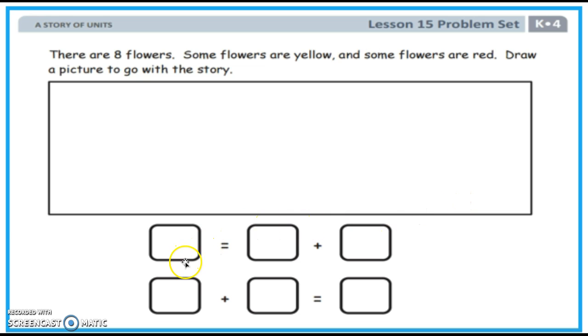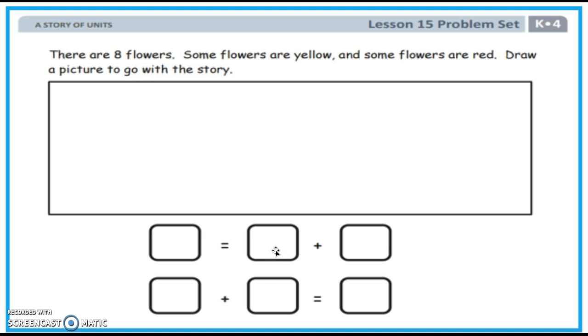Now you want to write the equation to go with your problem. You'll have to look up here to see what you drew. How many of them are yellow and how many of them are red? This first box, we see the equal sign, so we know in this box, we're going to write the whole. How many flowers did you draw altogether? I believe it should be 8. Then look at your drawing, because this will be different for everyone.